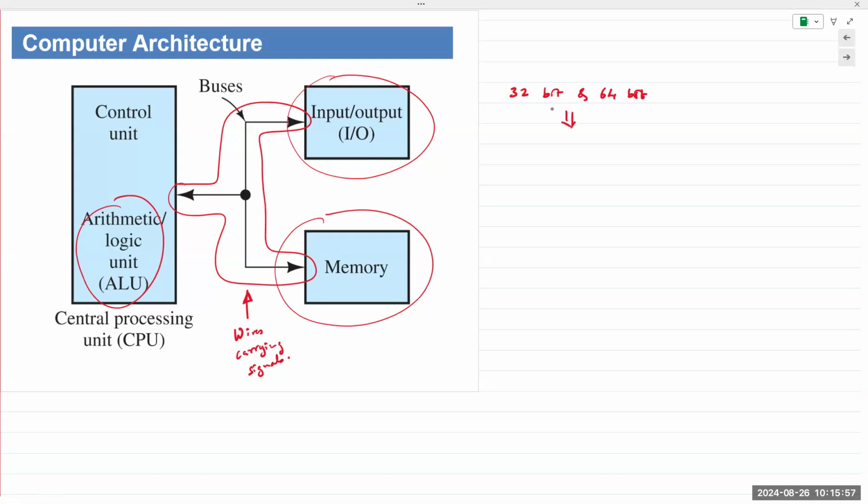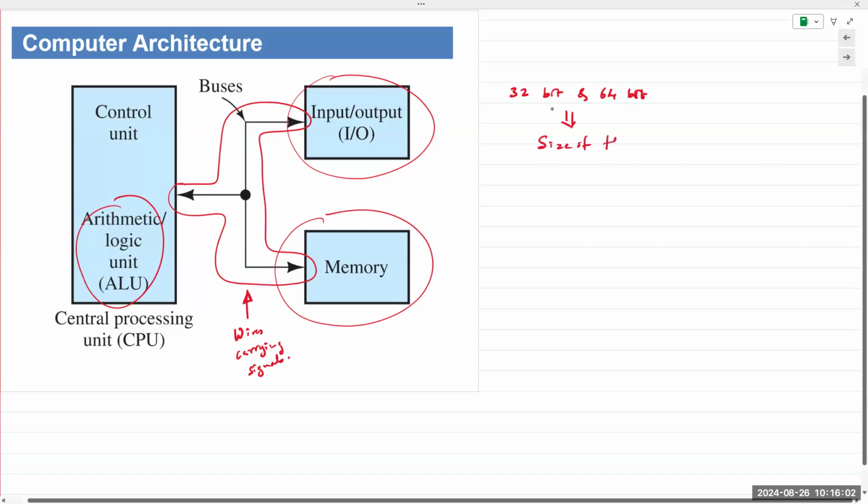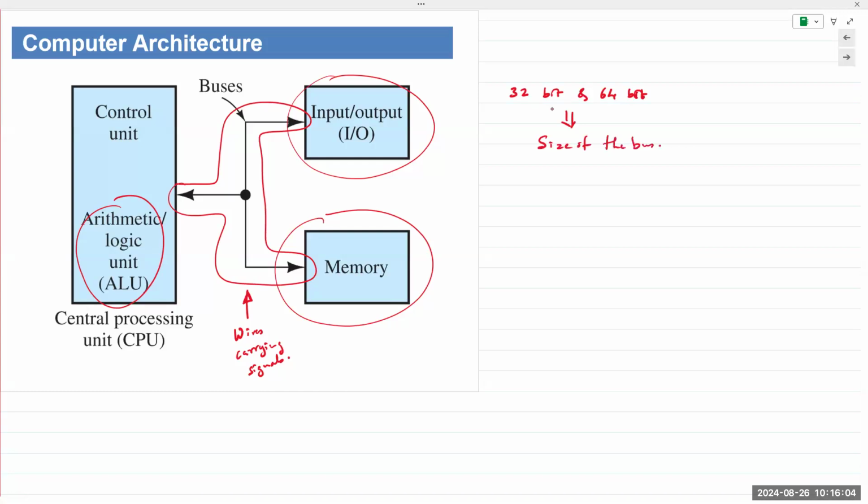This refers to the size of the bus, meaning how many data bits can be transferred in parallel. Literally, a 64-bit bus simply means the system has 64-bit architecture, 64 wires transmitting that information.